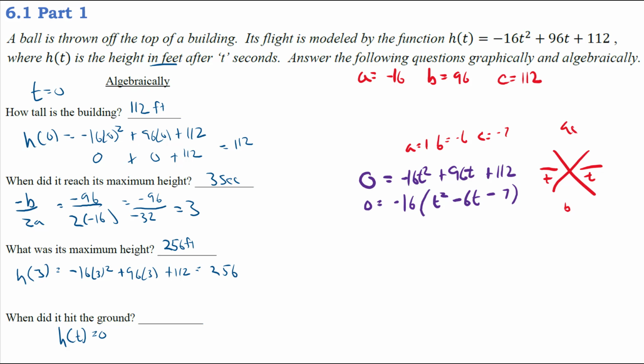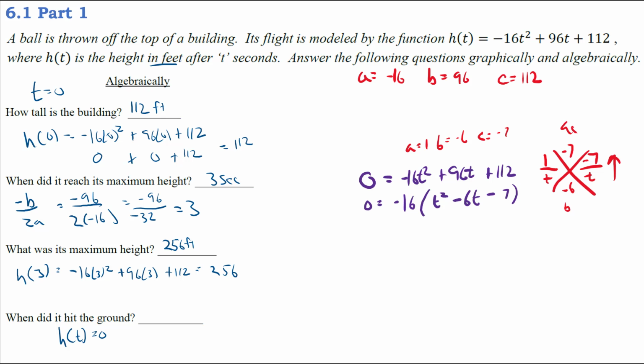So a times c, 1 times negative 7 is negative 7, and our b value is negative 6. These two values have to multiply to get negative 7 but add up to give negative 6. To get 7, you take a 1 and a 7, and to add up to negative 6, we'll take a negative 7. Because positive 1 minus 7 gives negative 6, and 1 times negative 7 gives negative 7. And then you go bottoms up and write those out.